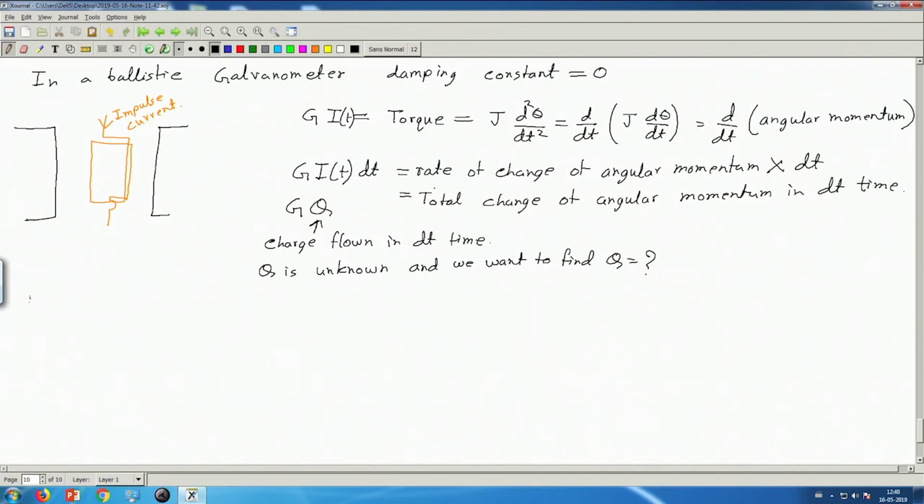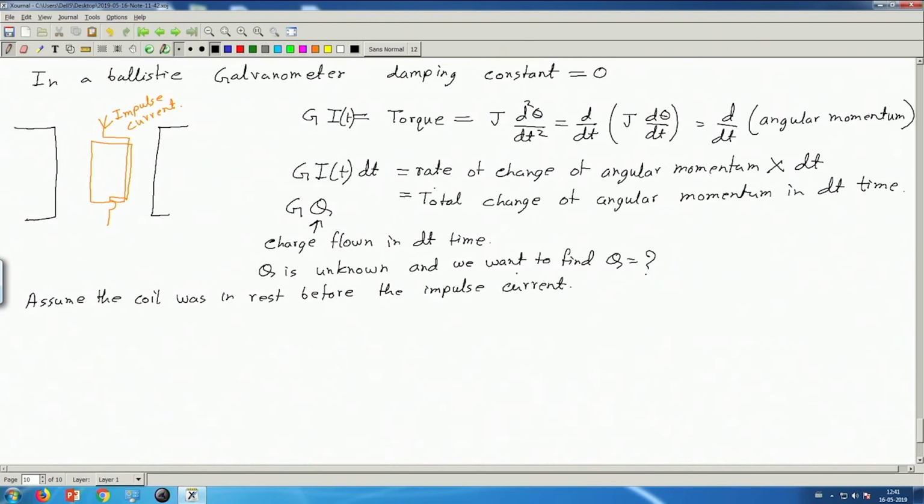Now assume the coil was at rest before the impulse current. Okay.